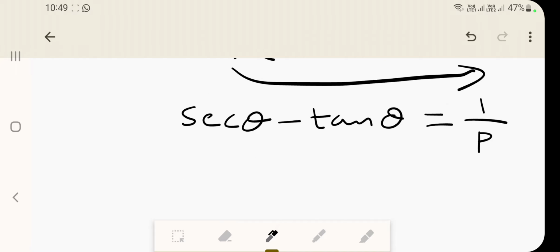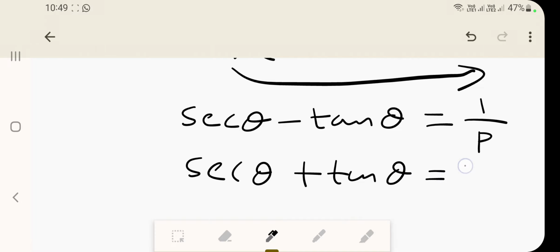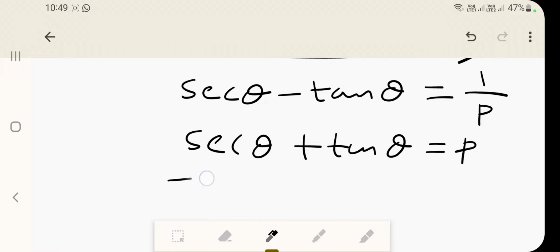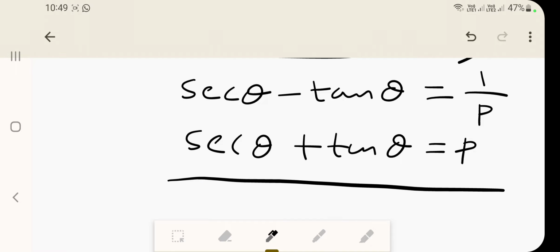What they have given is secant theta plus tan theta is equal to p. So here we have two equations. One is secant theta minus tan theta equal to 1 by p, and another is secant theta plus tan theta equal to p.